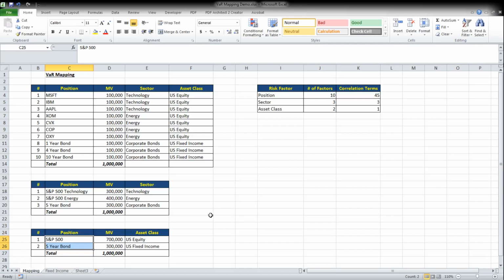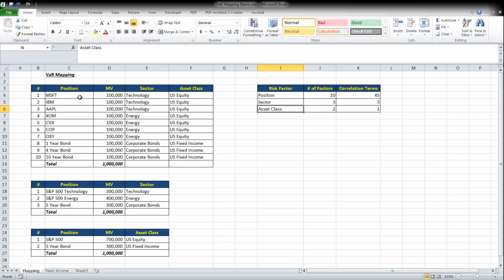So now to summarize, when you choose the general, or what we call the primitive risk factor, such as the sector or asset class, to map your individual positions to, the disadvantage is that you lose the accuracy.